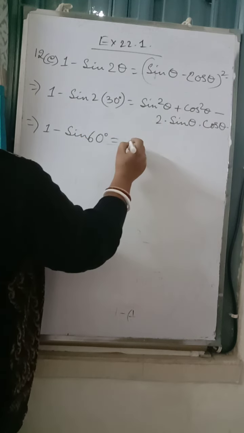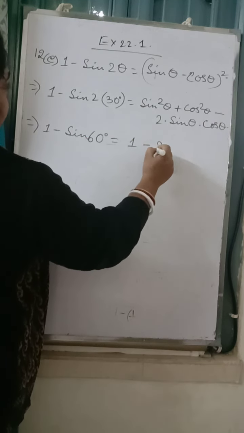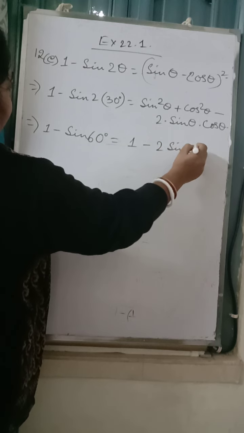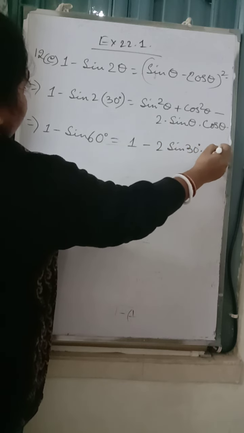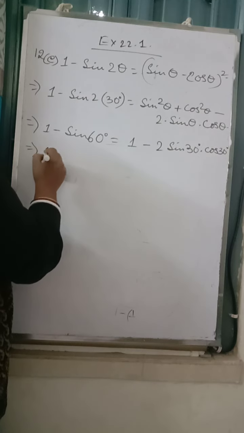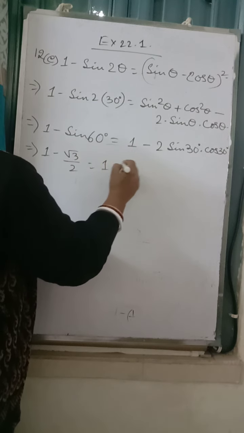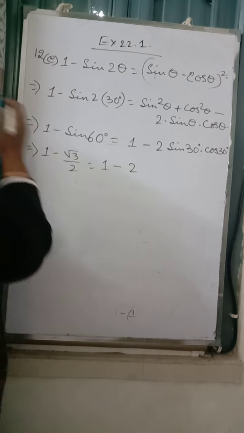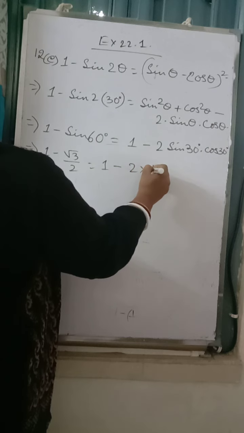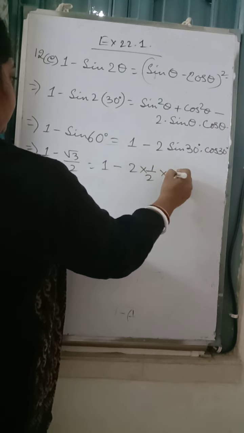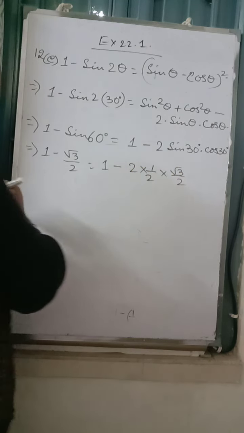Sin square plus cos square theta is equal to 1 minus 2 into sin 30 degree into cos 30 degree. Now just put the values. 1 minus sin 60, root 3 by 2. 1 minus 2 sin 30, 1 by 2, cos 30, root 3 by 2.